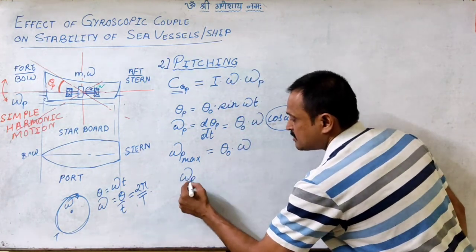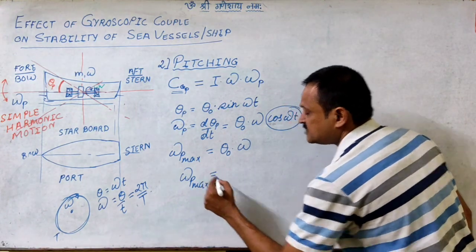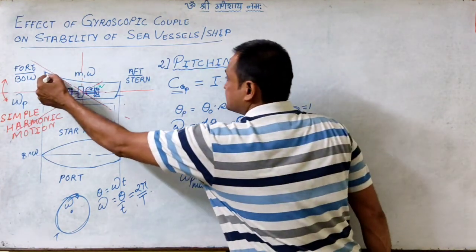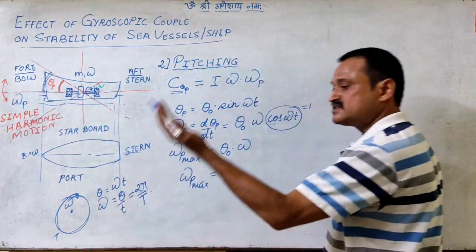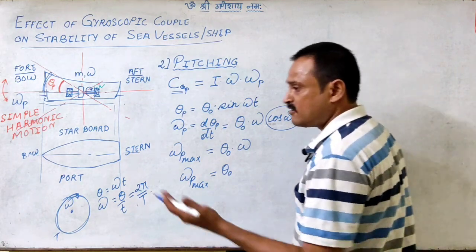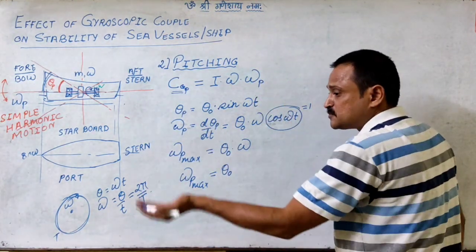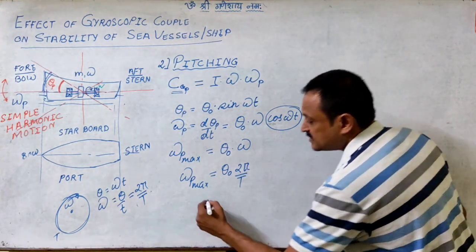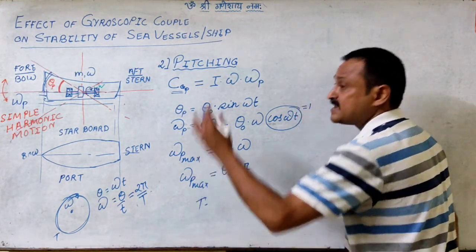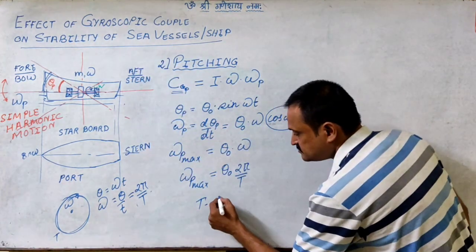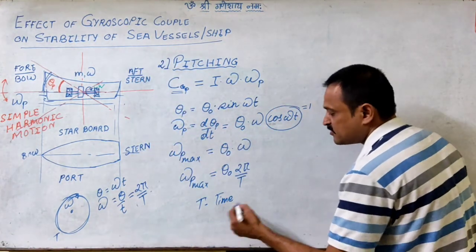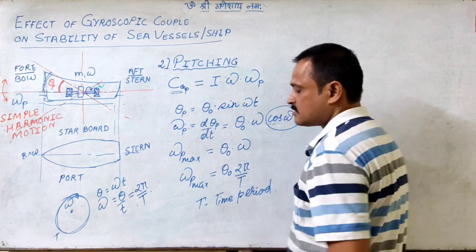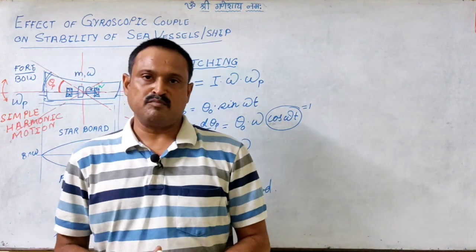So omega p max is equal to theta 0, where theta 0 is the maximum angular amplitude of displacement of the bow, times 2 pi by t, where t is the periodic time or time period of the SHM motion.